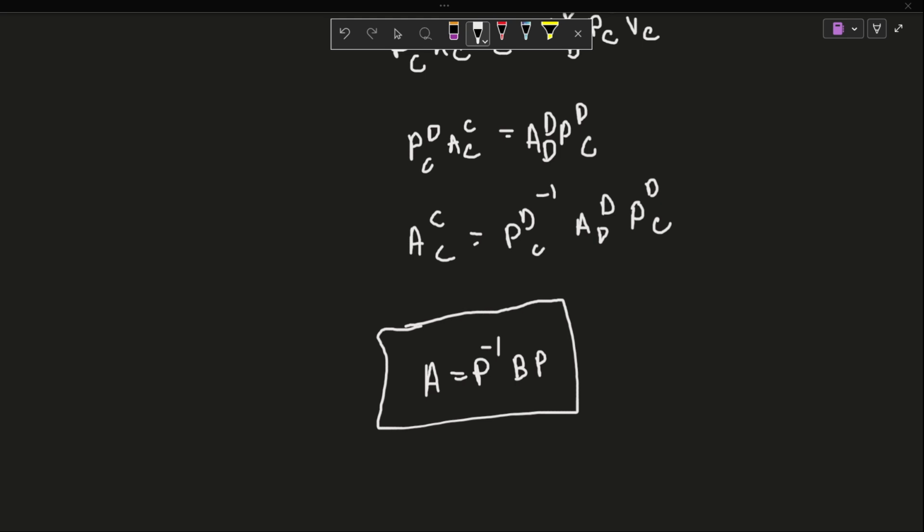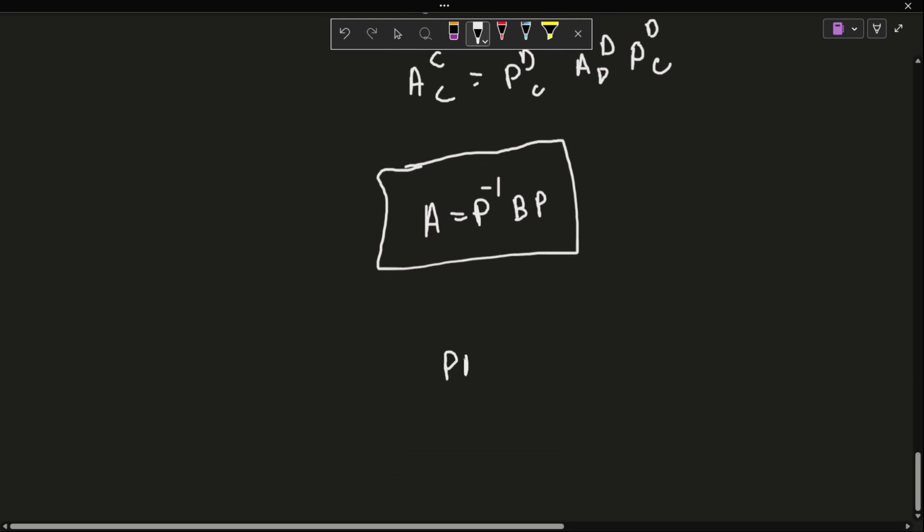And so we're going to say that two matrices are similar if they represent the same linear transformation, which means that if you have some matrix A and some matrix B, and they're similar, then there's going to be some matrix P that can do this. So PA equals PB basically. Two matrices are similar if the same matrix multiplied by them equals the same matrix, pretty much.